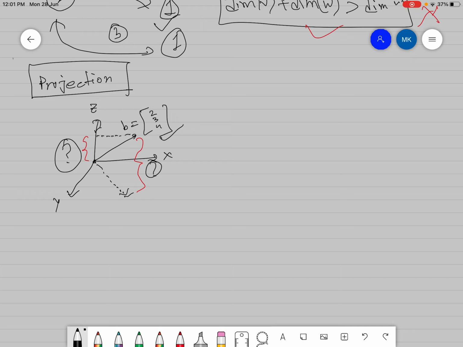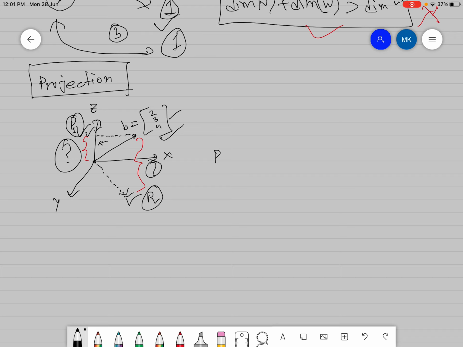What matrix should I take to make this projection from b to the z axis, and what matrix should I take to make this projection onto the xy plane? Let's say this is p1, so the p1 matrix creates this projection, and another matrix p2 creates this projection.